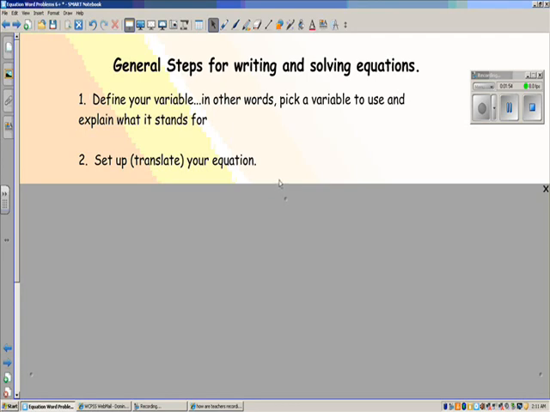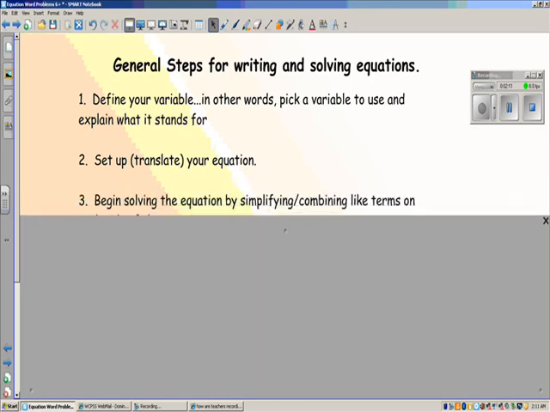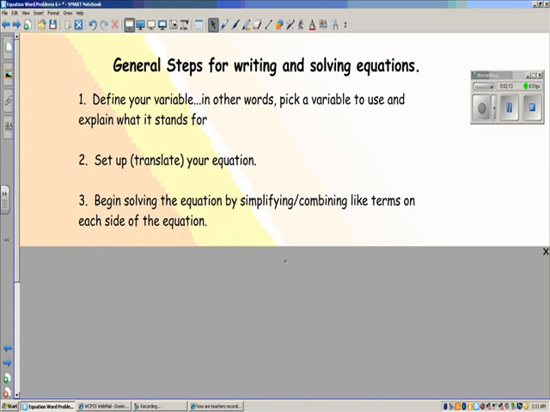You're going to read through the word problems and turn those verbal equations into algebraic equations. We'll practice some of these together, and I'll let you do some on your own as well. Number three, you're going to begin solving equations by simplifying or combining like terms on each side of the equation. This is what you did for homework last night.